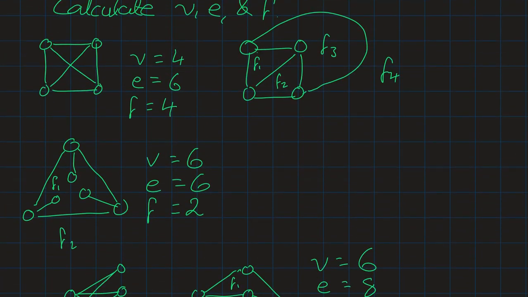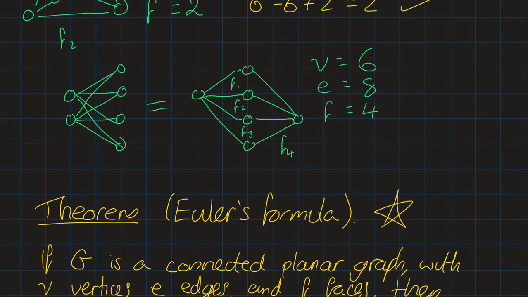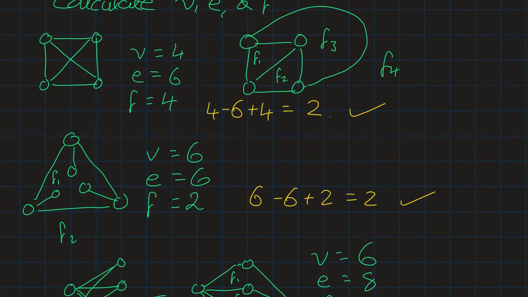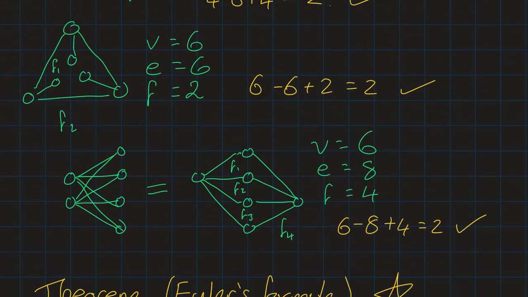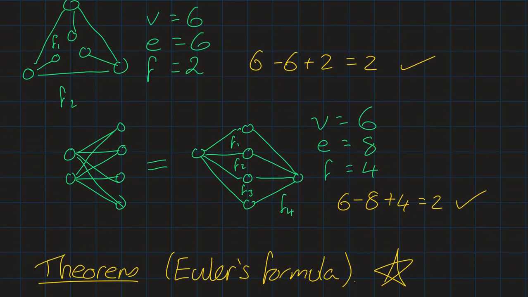If we go back up to our examples, we have 4 minus 6 plus 4 is 2, so this checks out. 6 minus 6 plus 2 is 2, so this checks out. And this one here, 6 minus 8 plus 4 is also 2. So our 3 examples right here, as expected, none of them are a counterexample to this theorem.